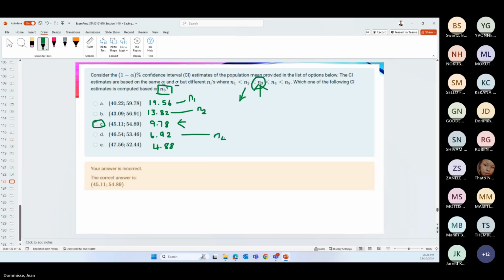N4, and N5. Okay, in this instance, it is by fluke that it goes from biggest confidence interval margin to smallest. It's not always like that, it can be shuffled and mixed in the numbers.